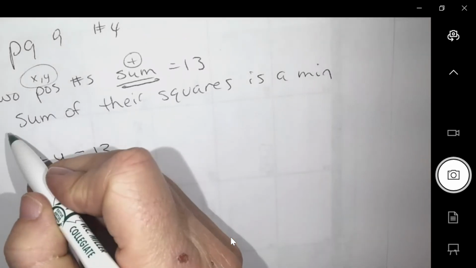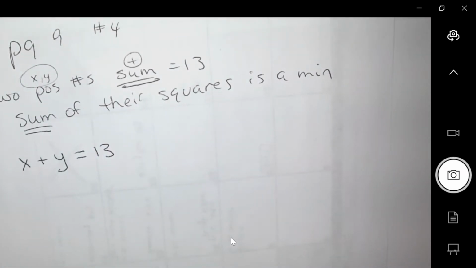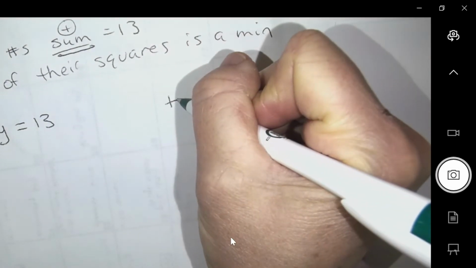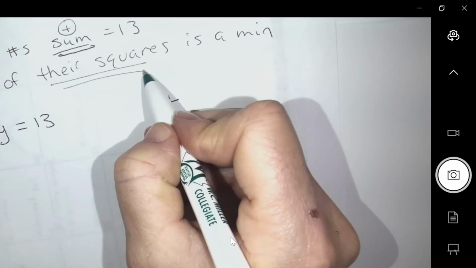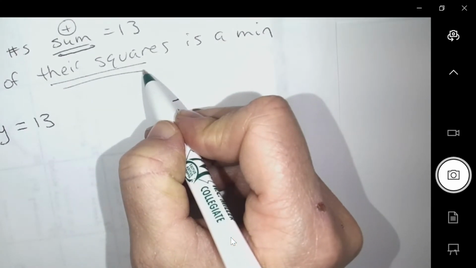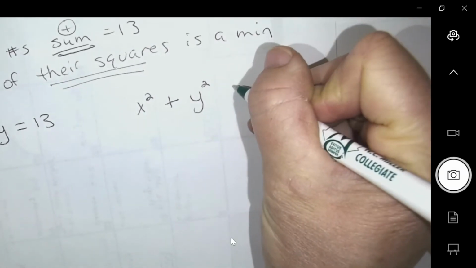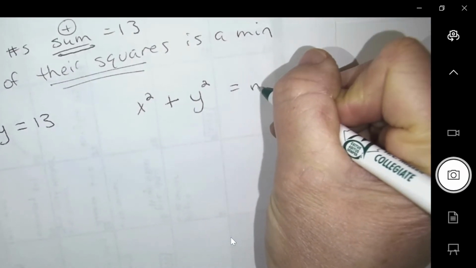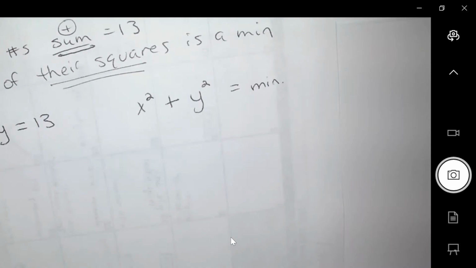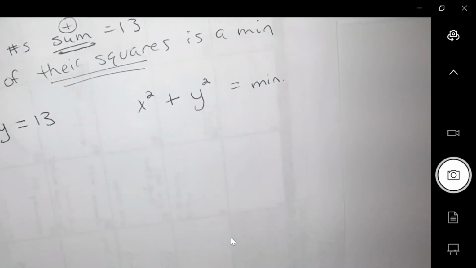The next sentence talks about another sum. So the sum means I'm adding their squares, to be a minimum. Okay, so I just took all the words and now we wrote them.